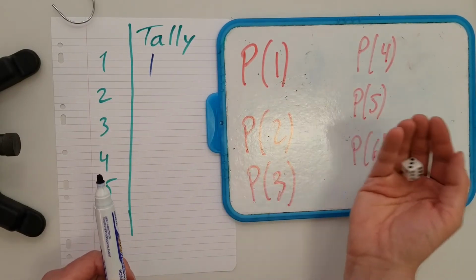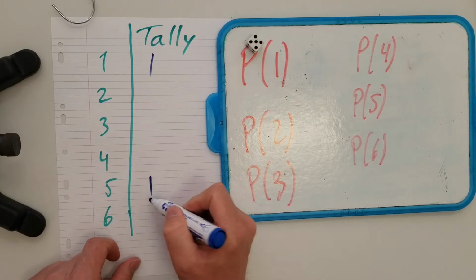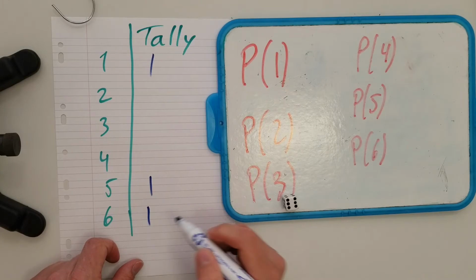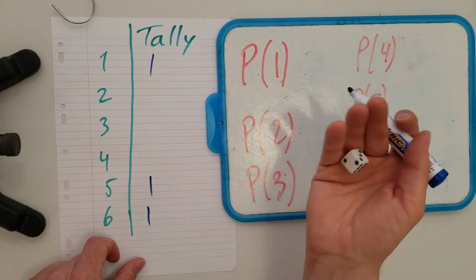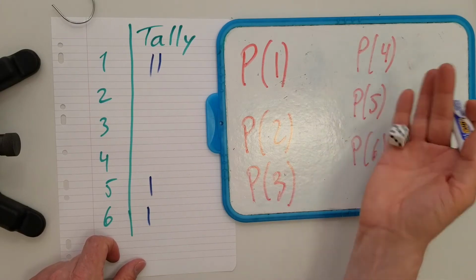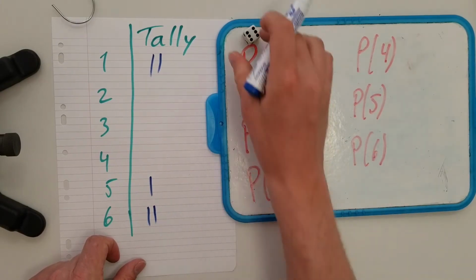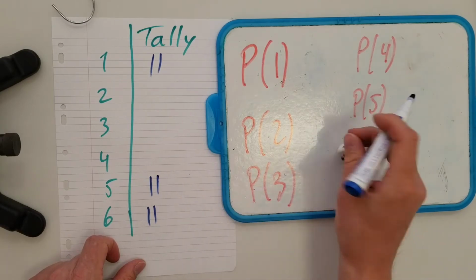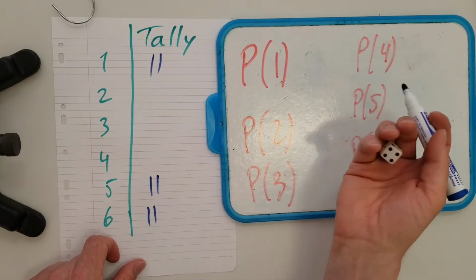I'm going to give it a good shake. Okay, 5. Okay, a 6. Okay, a 1 again. Okay, a 6 again. A 5 again. Oh, man. And then last roll. Oh, no, that's 6 times.